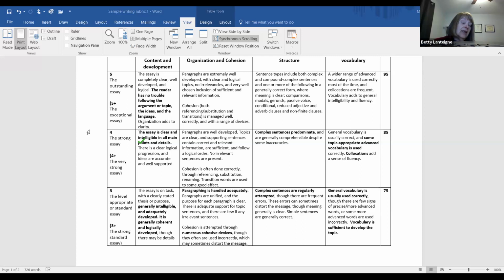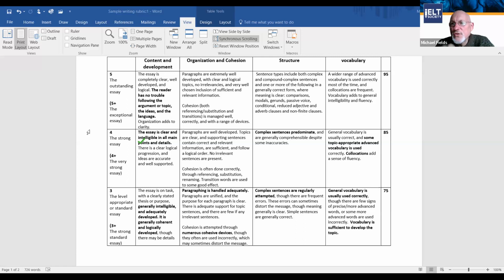But in terms of the thesis statement, conclusion, supporting detail, the structure is there. In terms of logic and progression, yes. The content and development clarity is influenced by the grammar.